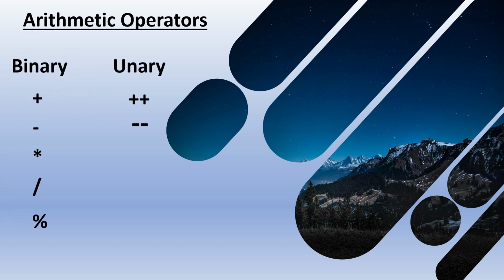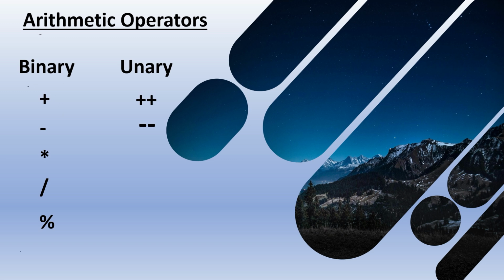So let's see the binary operators: plus, minus, multiplication, division, and this one is for the remainder. This is called the modular operator, which gives you the remainder of whatever values you want.